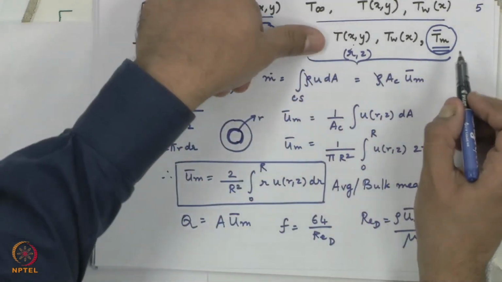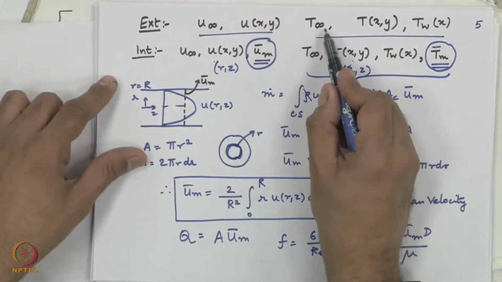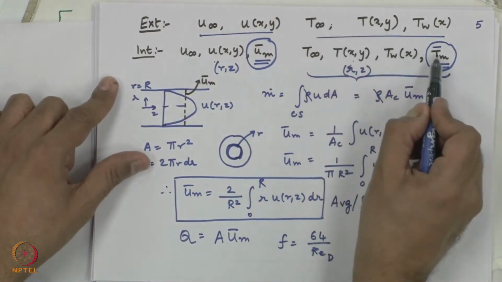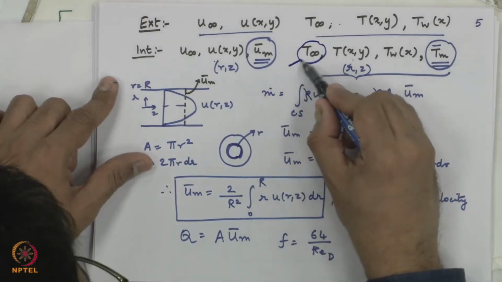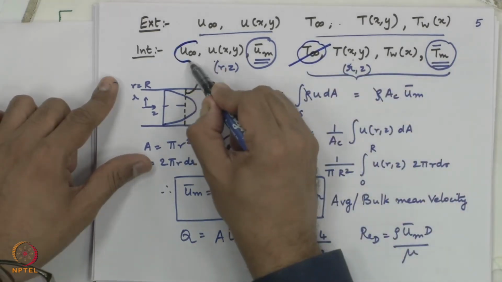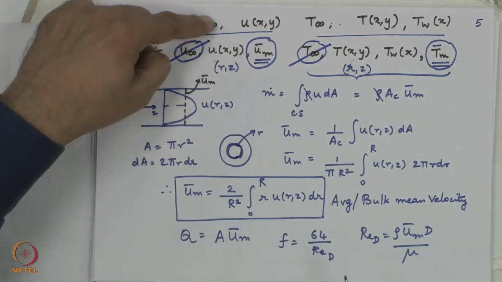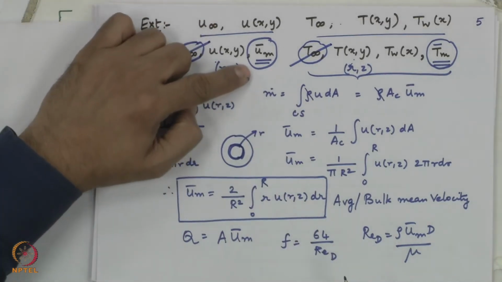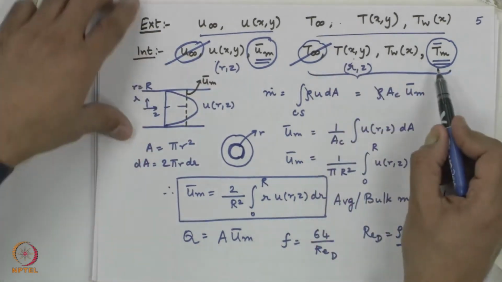So, the role of T infinity in external flow is taken over by T bulk mean. So, this T infinity is kind of insignificant, this u infinity becomes kind of insignificant. So, what was u infinity here is now u bulk mean here. Definitions are of course vastly different. What is T infinity here is going to be this here.